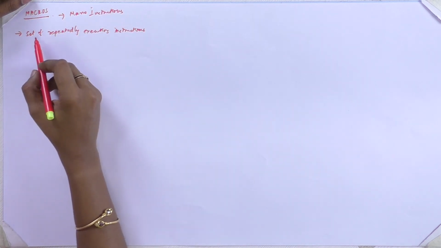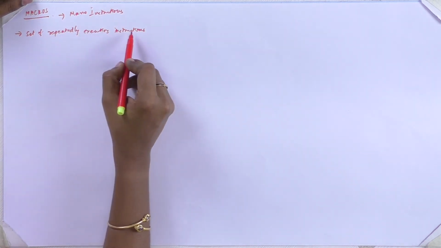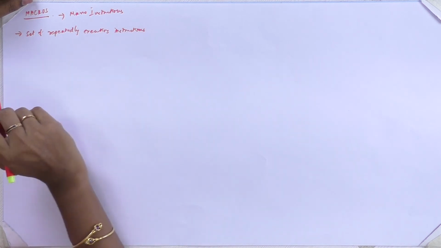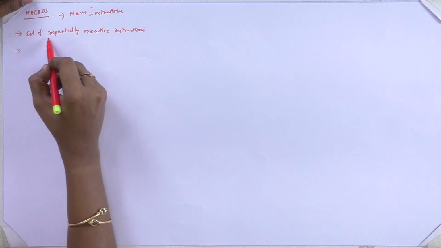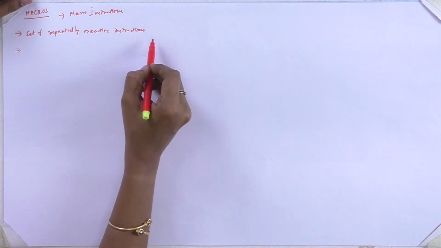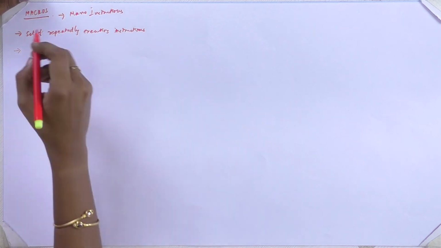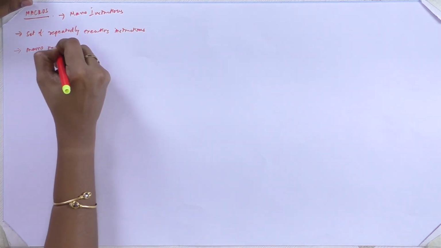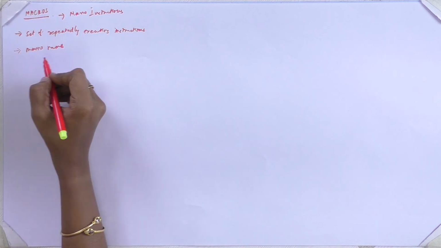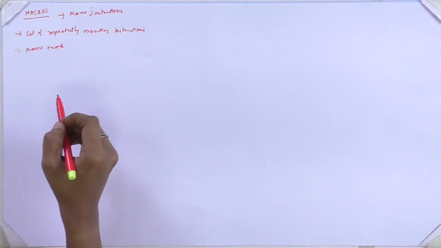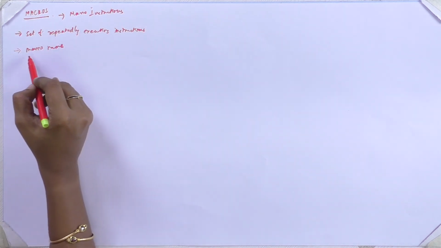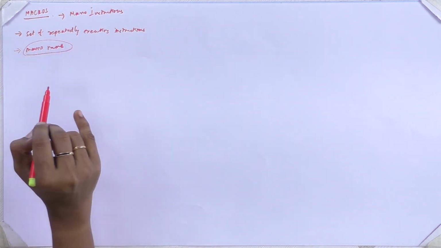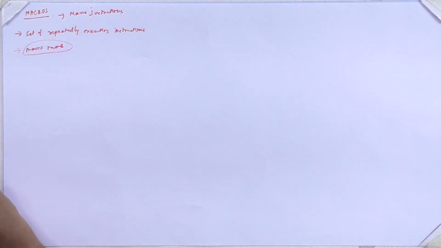These macro instructions are the repeatedly executing instructions in an assembly language program. The set of repeatedly executing instructions are combined under a macro name, and whenever this set of instructions has to be used in the program, instead of writing the instructions again and again, simply the macro name is used to replace the instructions. So this is the concept or advantage of using macros.